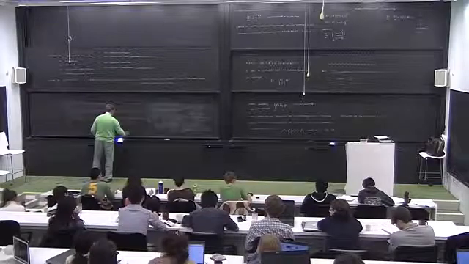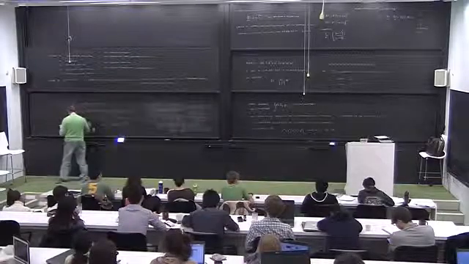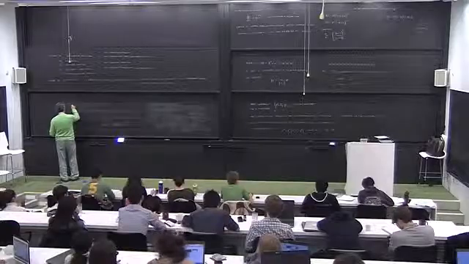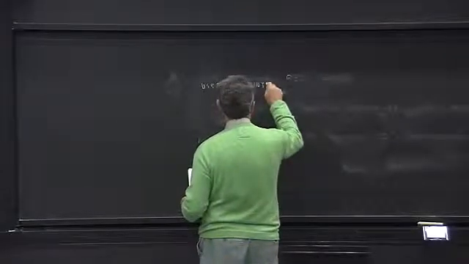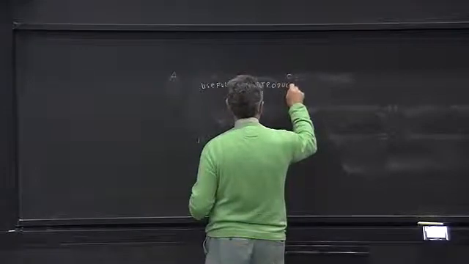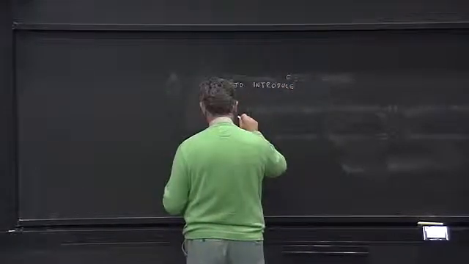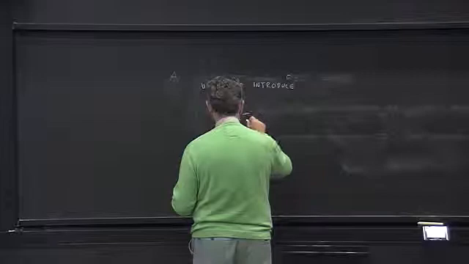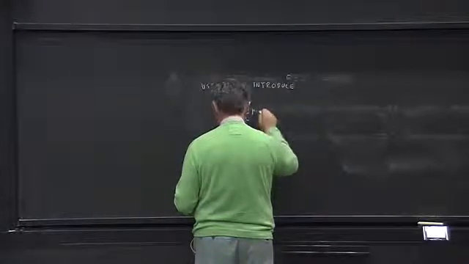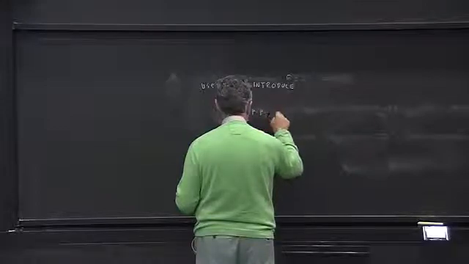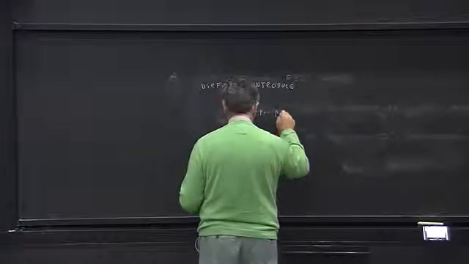And it's useful to introduce what I'm going to call d tau, where the indices go from mu1, mu2, all the way up to mu p.